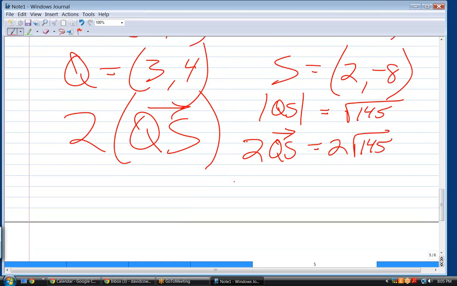What's the component for QS? And you use these inequality signs to, yeah. Okay, go ahead.